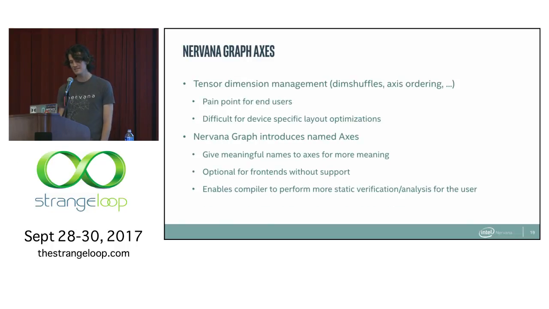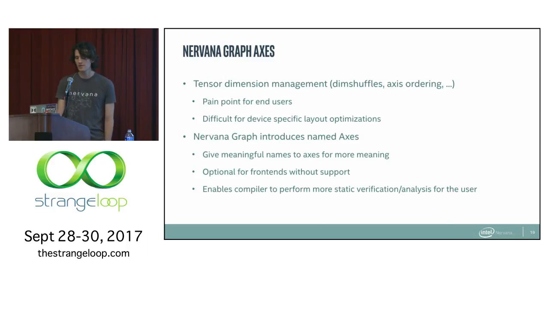I mentioned axes as being a sort of novel innovation of nGraph. Axes are a way to express tensor dimension management. If you're working with a particular front end and you're writing a backend for that, it's a huge pain point because you have to be very aware of the convention that that front end uses. It is difficult if your backend device uses a different layout for the memory.